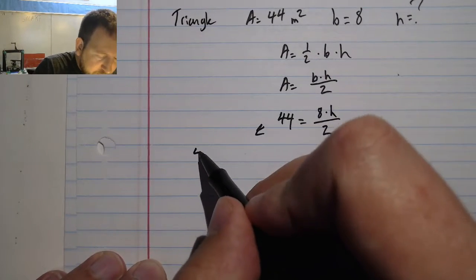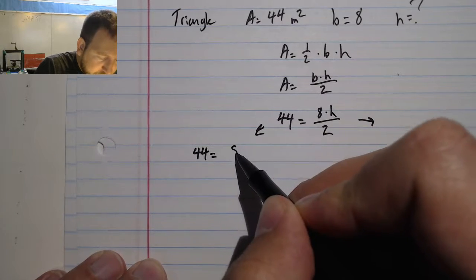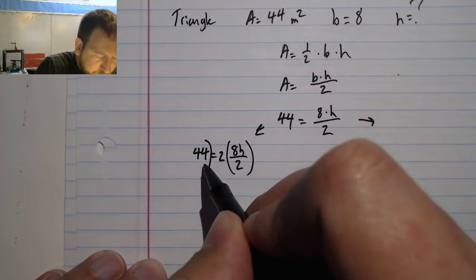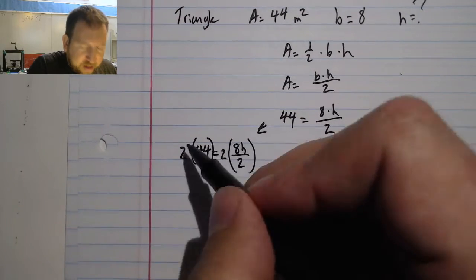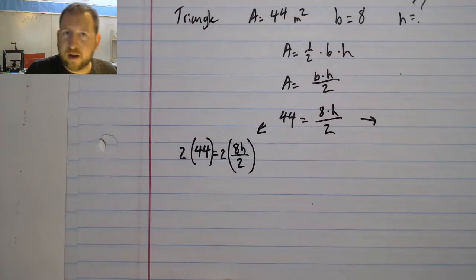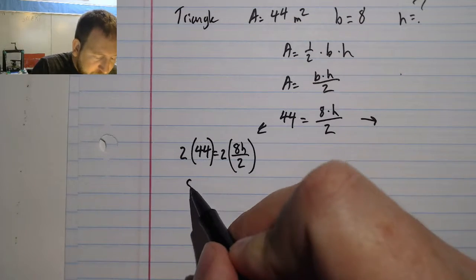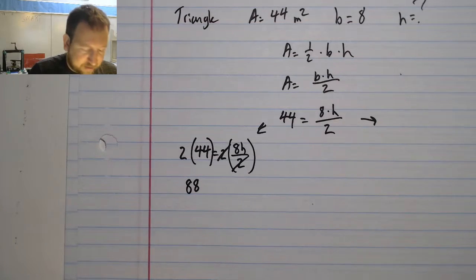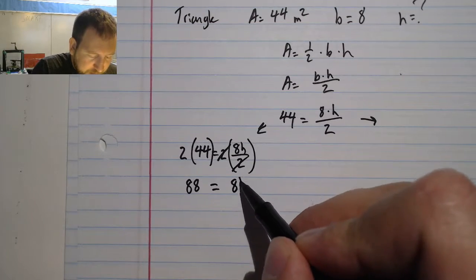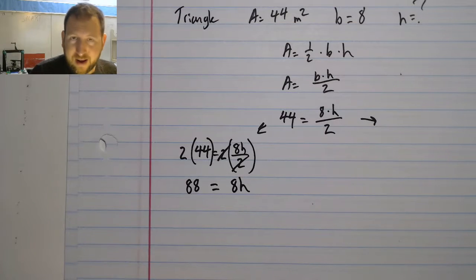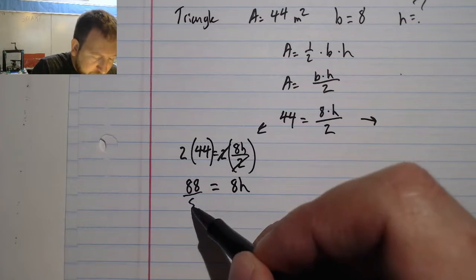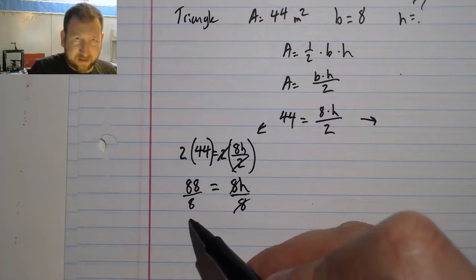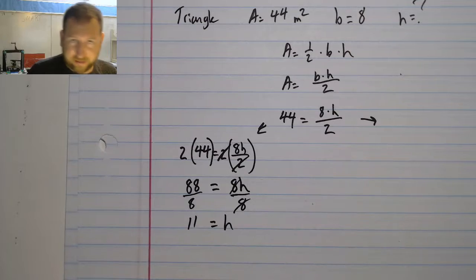If I have 44 equals 8h over 2, I'm going to multiply both sides by 2. Remember that this is an implied multiplication if I write a number outside of a parentheses. This side gets me 88. On this side, 2 divided by 2 cancels out. So I have 88 equals 8h. Now it's easy, one-step algebra. Divide both sides by 8. My 8's cancel out, and I have 11 equals h.